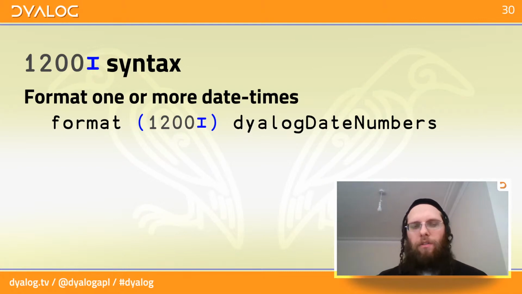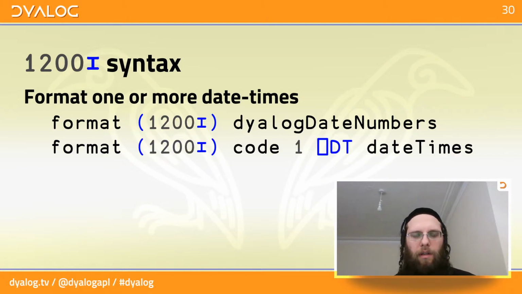Okay, so moving on to formatting of dates, as I said, with regards to the ISO format, we'll get to that. So we've added it for now as an I-beam, the 1200 I-beam, and I'm sure you can guess why it is 1200 I-beam. I'll show you in a moment. The important thing about it is that it must take a Dyalog date number.